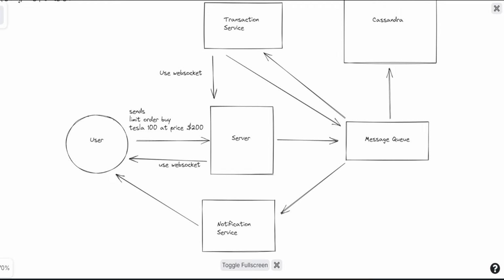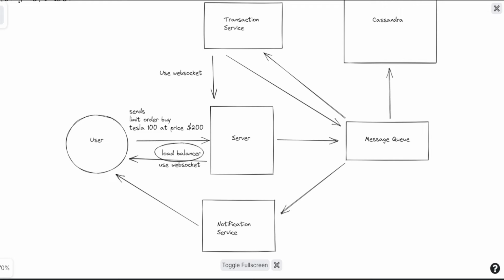Yeah, good question. I would probably add a load balancer somewhere between here. Like we previously touched on, we use a sharded key for each ticker, and I think that idea can also be used over here.